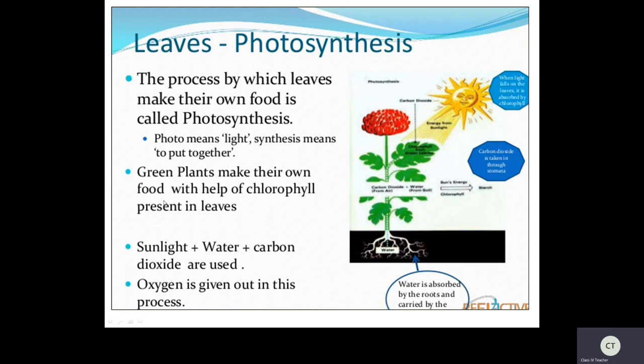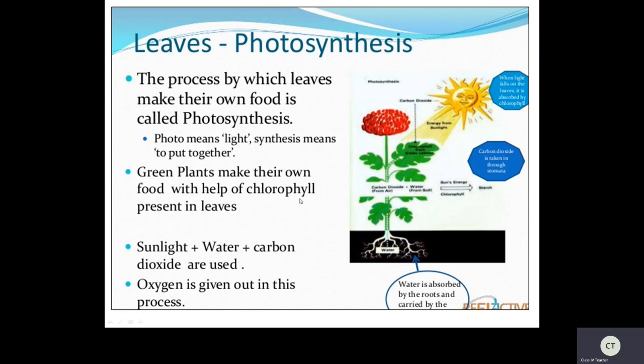Green plants make their own food with the help of chlorophyll present in the leaves. So today we have learned very interesting new terms, chlorophyll and photosynthesis. Photosynthesis is the process by which leaves prepare their own food. That process we call photosynthesis.